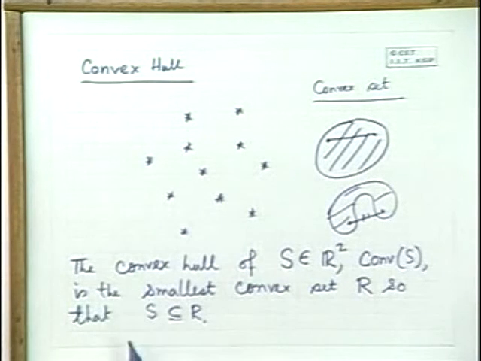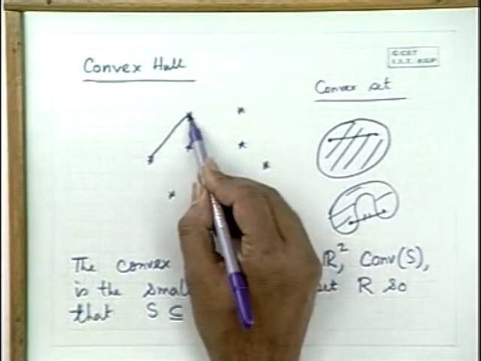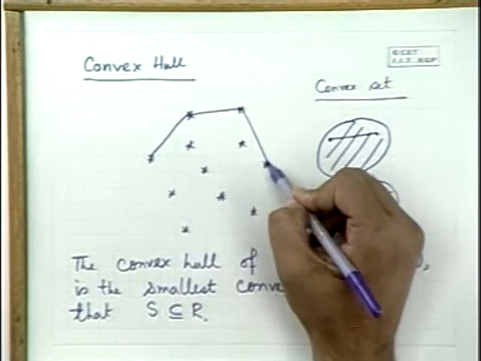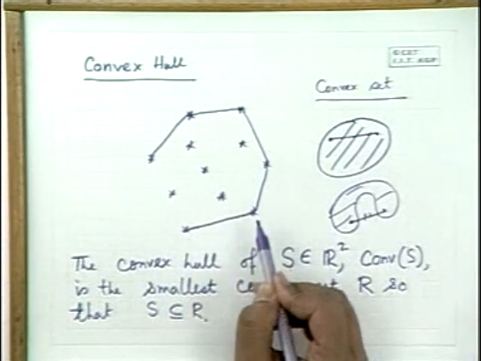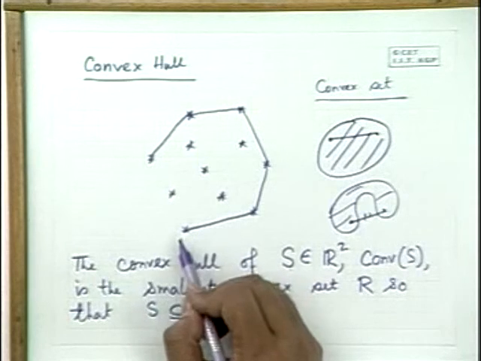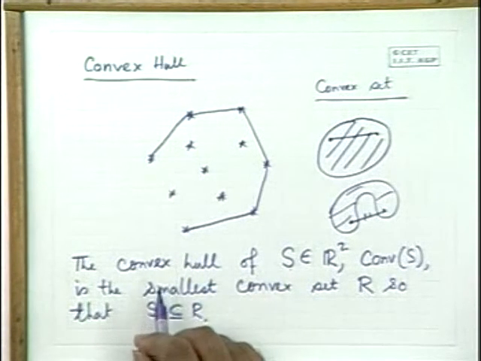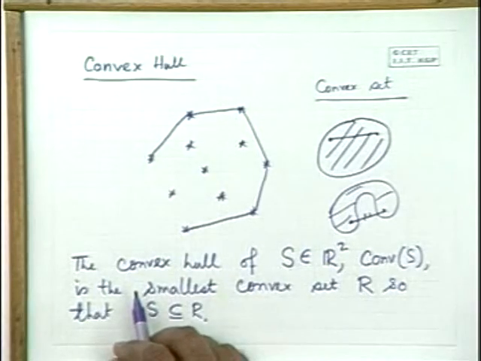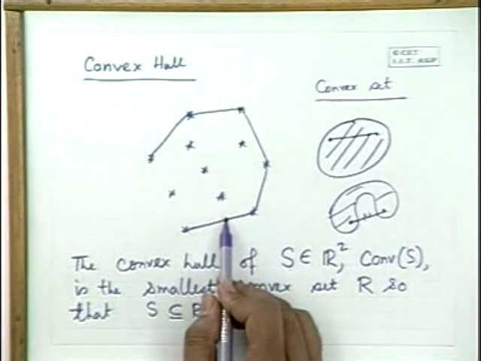So given this point set, what is the convex hull? The smallest convex set, I am going to draw it now. Join this and this and this. The smallest in terms of area, not the number of points. Okay, let me define this. First of all, this set is an infinite set, because there are infinite number of points in the plane. It is the smallest in terms of the area.